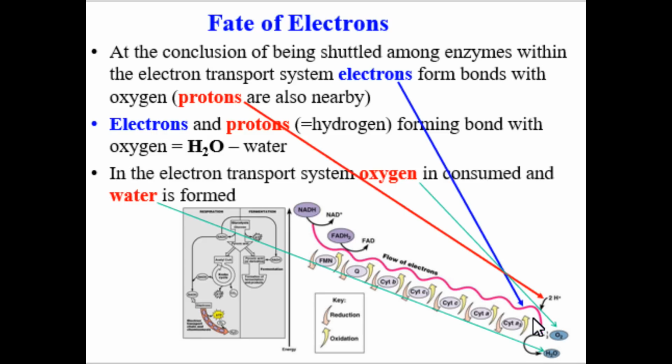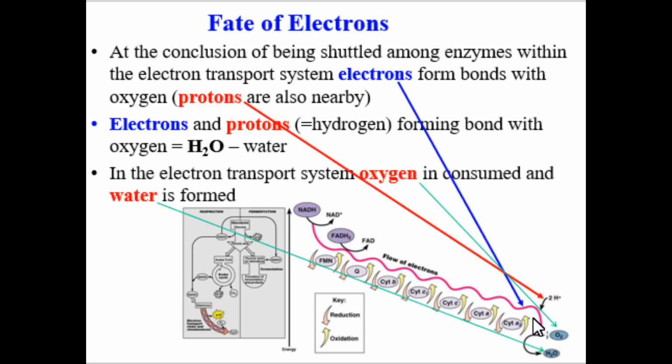Well, when the electrons are done being shuttled between the enzymes, you've got a whole bunch of electrons. What happens with these? We can't take in an endless supply of electrons. You've also got these protons that are being shuttled across the mitochondrial membrane, and we'll see in a minute how those protons are used.